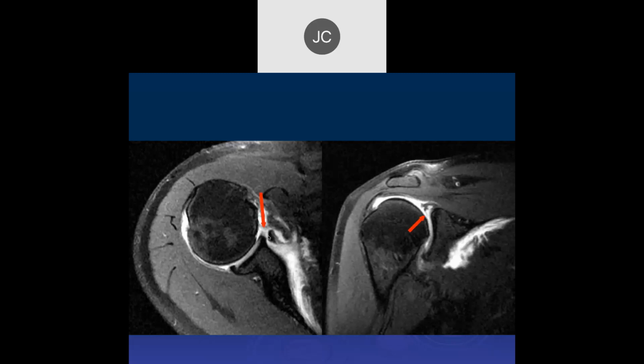So I prefer calling these tears of the superior and anterior labrum rather than calling them a type 5 SLAP anymore.